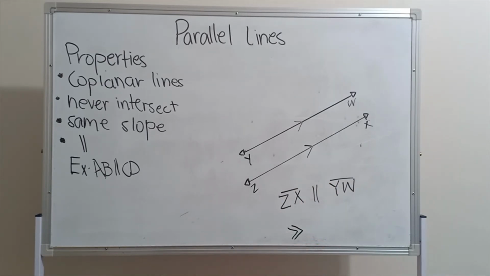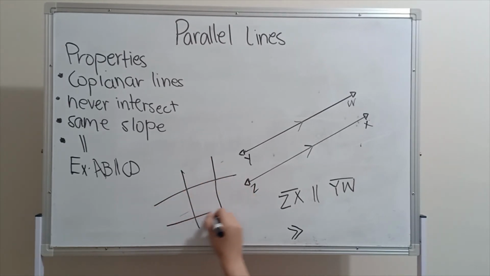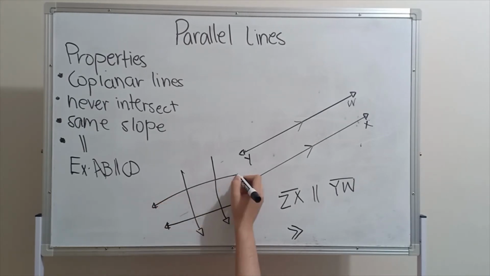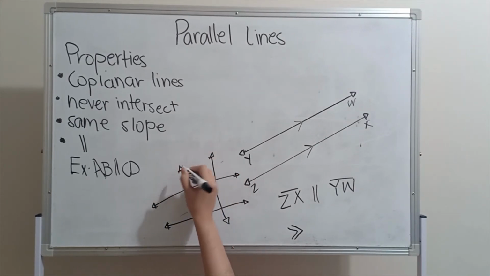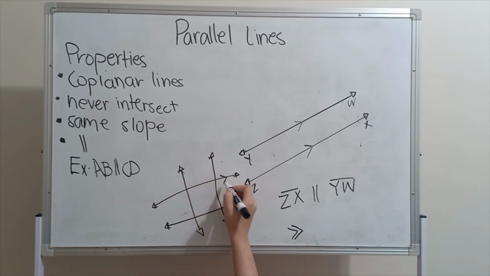What does that mean? For example, these two are parallel and these two are parallel. So we can't use this sign for all of these 4 lines, because we know this one is not parallel to this one because they're intersecting.